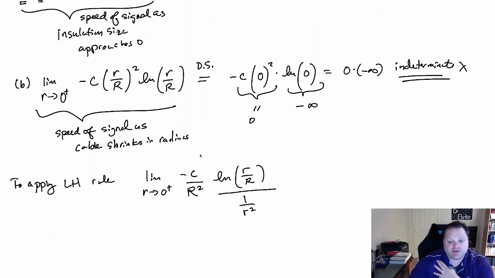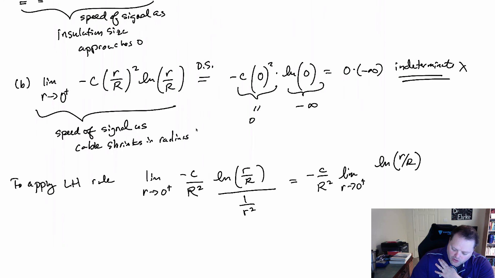So this is the same as this, right? Algebraically, these are identical. And remember our rules of exponents here. I can factor out any constants, which makes this much nicer to look at. And we're just dealing with the natural log of r over r divided by 1 over r squared.